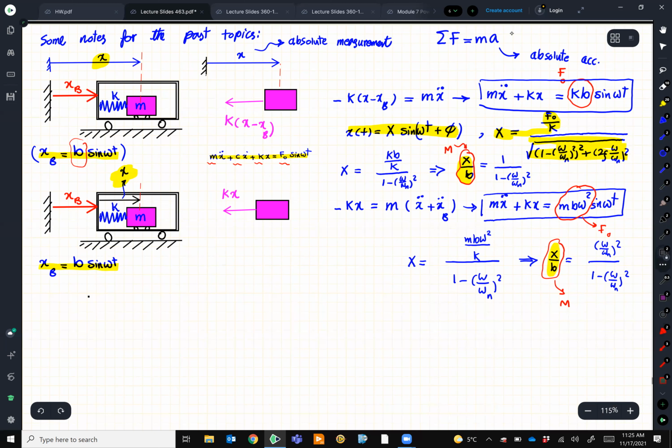Maybe as a practice for yourself, do one question. Let's say you have a cart, and let's assume that we excite it with a base motion, x_b equals b sine omega t. So that's the cart we excite with the base motion, and it is on some roller or something.